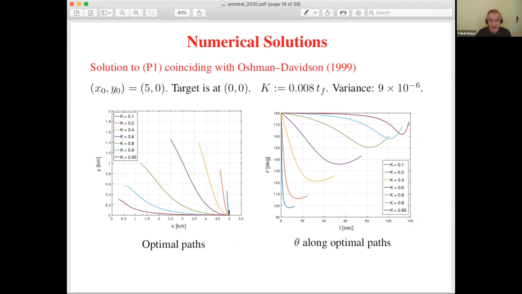What if the vehicle is pointing in the other direction?